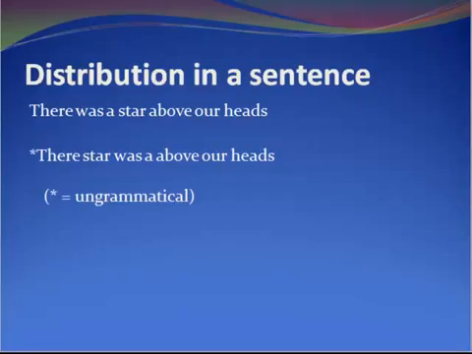Well, because in the first sentence, in front of star, you've got that word and needs to be followed by a noun. And that's why the first sentence is fine. In the second sentence, of course, the noun is in a different place. You have their followed by star, and above is a preposition, and so the sentence is ungrammatical. So that's how we can use distribution in a sentence to work out what category a word is.